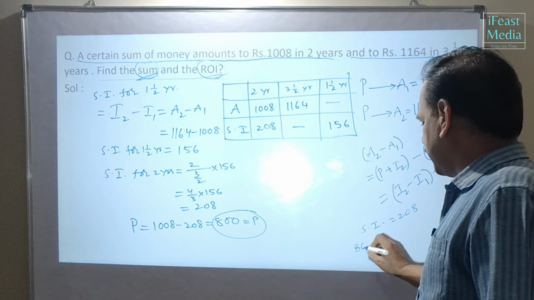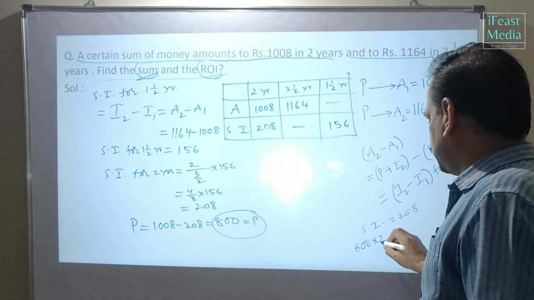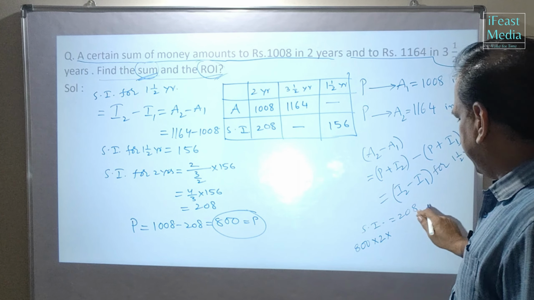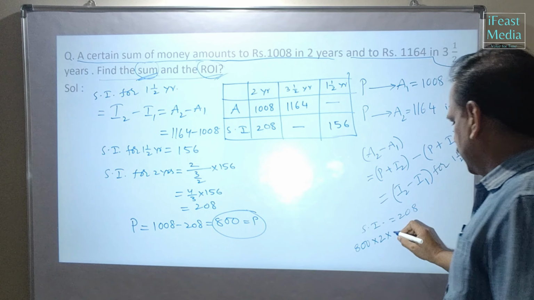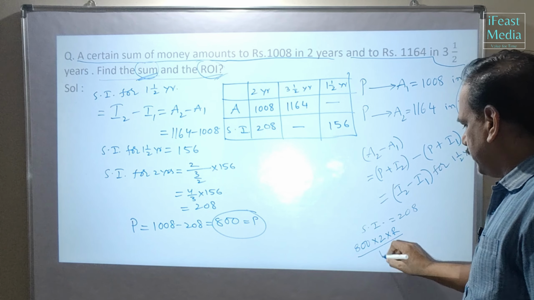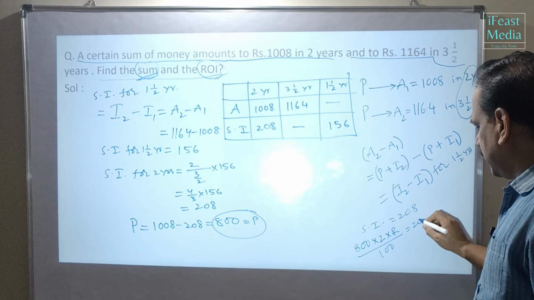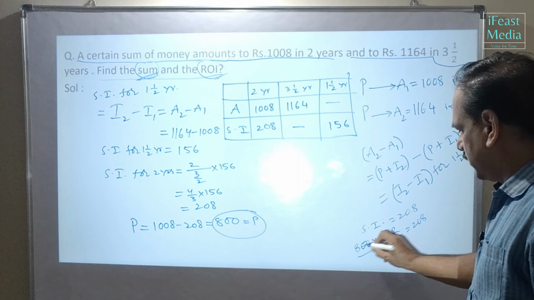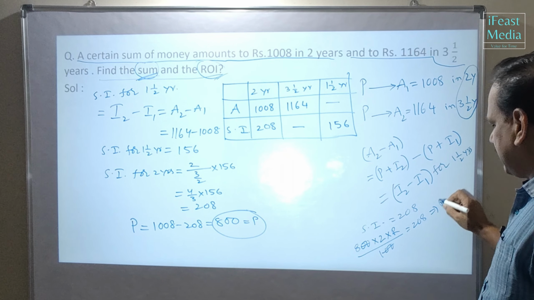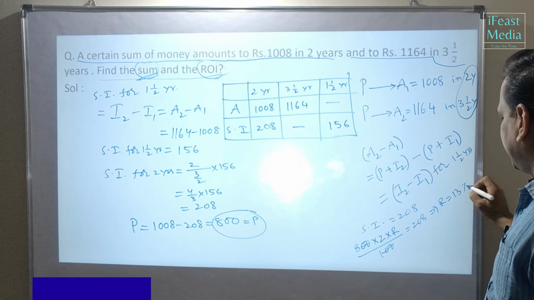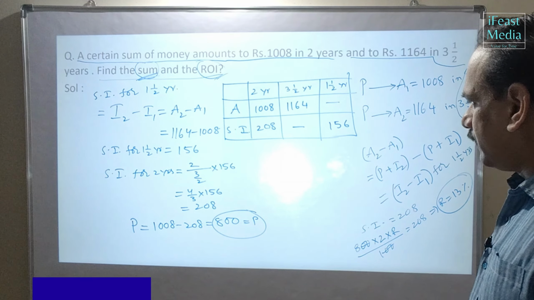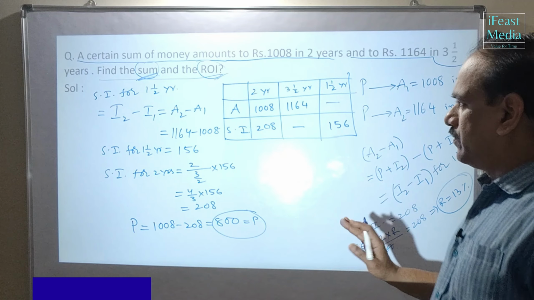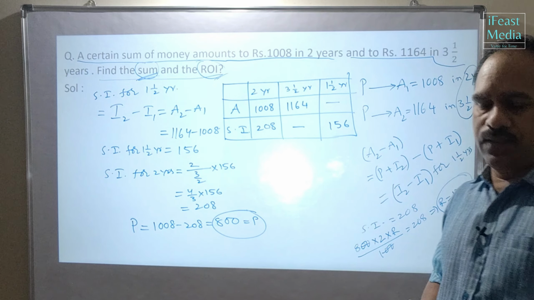PTR by 100, where T is 2 because I am taking the 2 years simple interest, and the rate of interest is unknown, equals 208. So R equals 13%. If you simplify, you will get 13%. So that is how you can solve this problem, and this is a very important one.